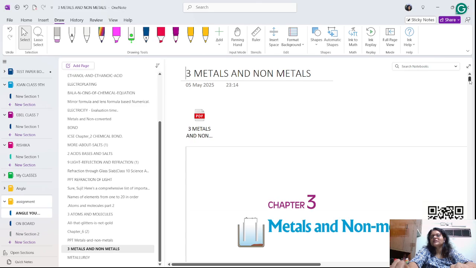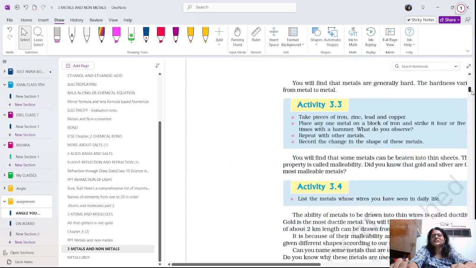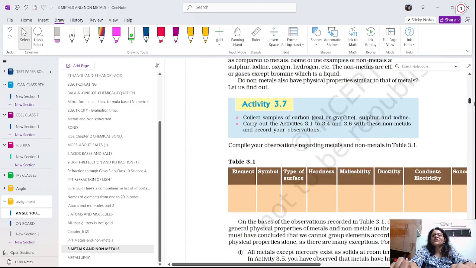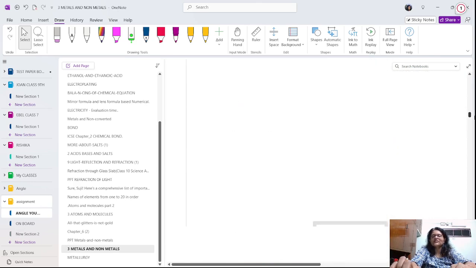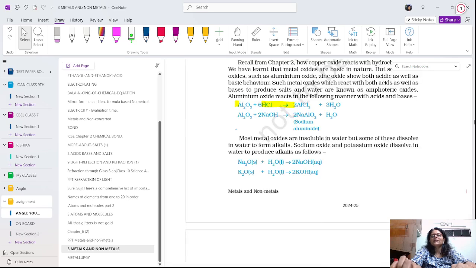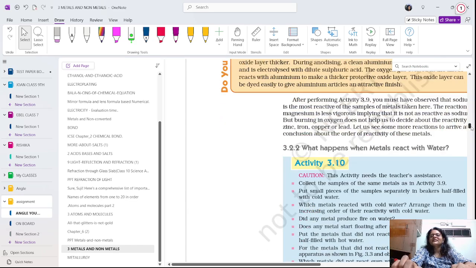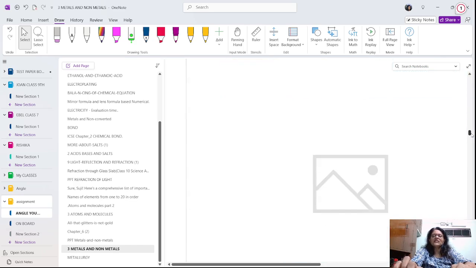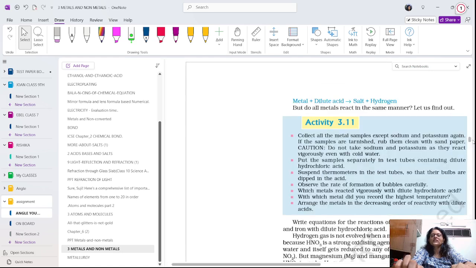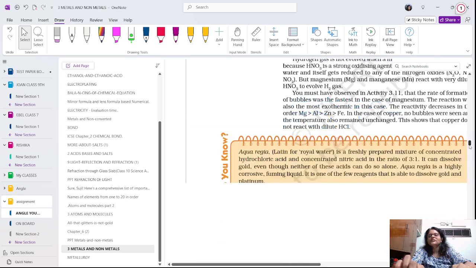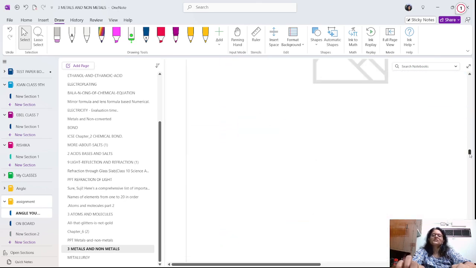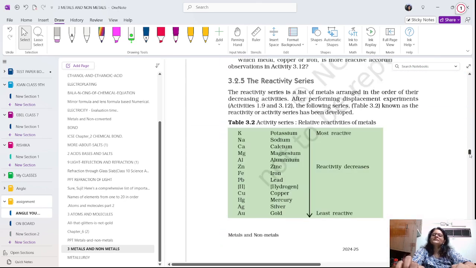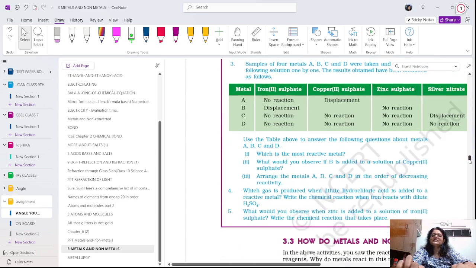We have finished this chapter, all these reactions earlier, and then we will come finally to the metallurgy portion. There are several steps, and the flow chart is shown here to describe the method so that it will be easier for you to follow. Okay, this is the reactivity series.